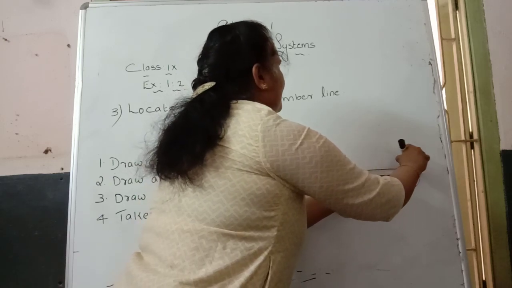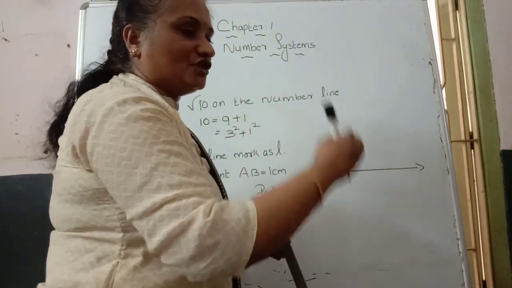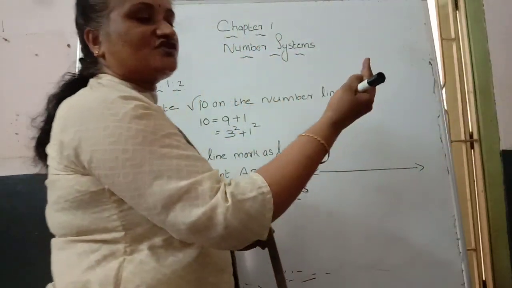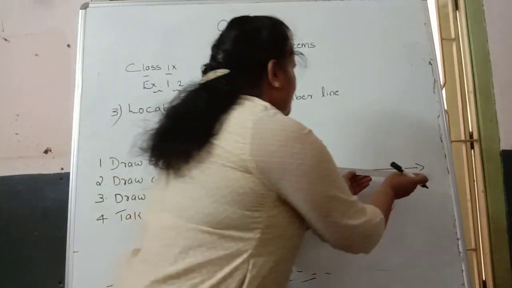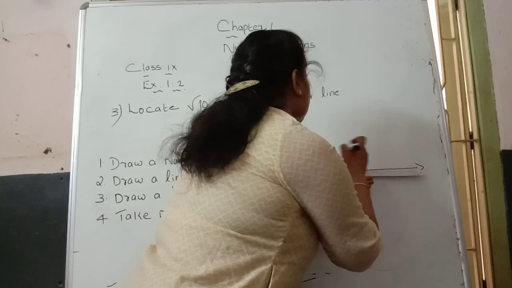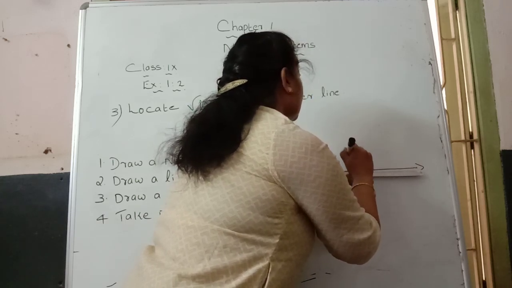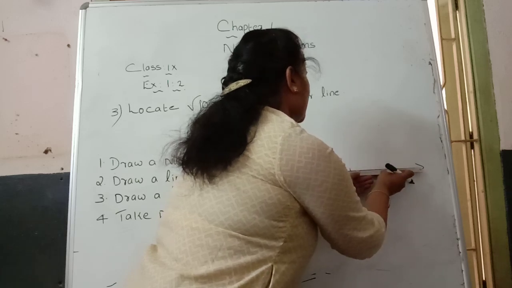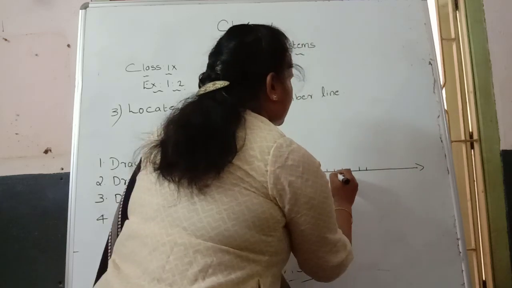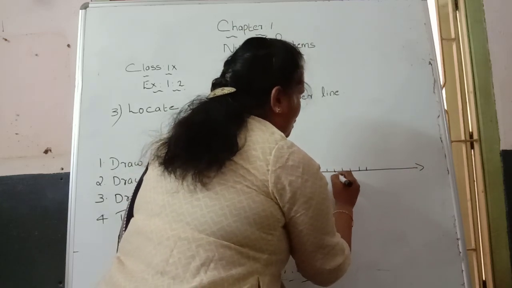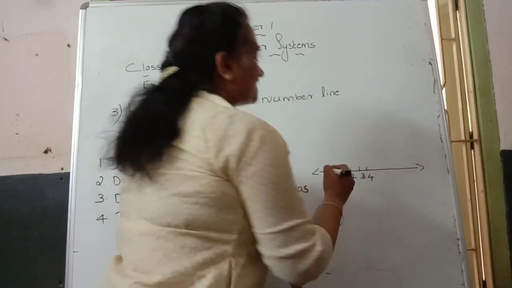Drawing a number line means arrow marks on both sides, then the right side of zero represents positive values and the left side of zero represents negative values. So take 1 centimeter using the scale and measure it, like this way. Then here you mark 0, here 1, 2, 3, 4, and on the left side -1.